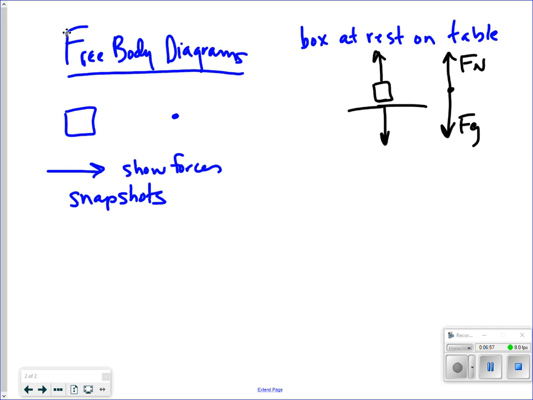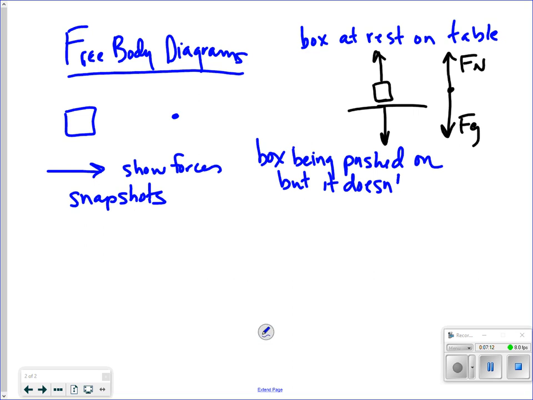If you are pushing on a box, but it's not moving, then I would say, yeah, okay. Gravity, normal force, because it's still on the floor, right?